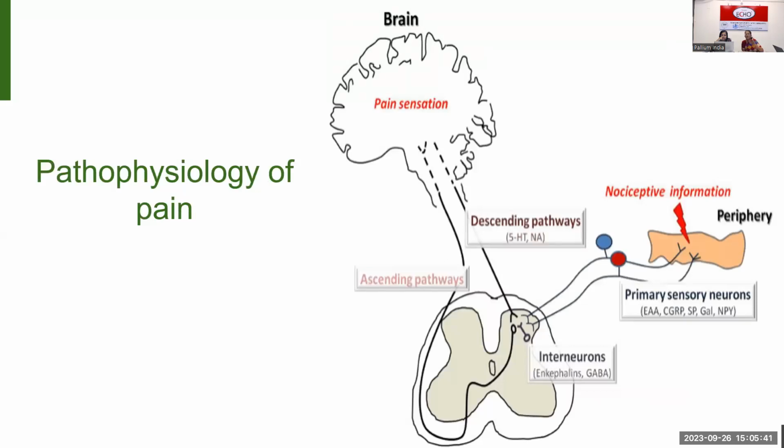Can someone tell me what the important nociceptors are? Do we feel the pain only in the skin, or are there any other sites where you express or feel your pain?